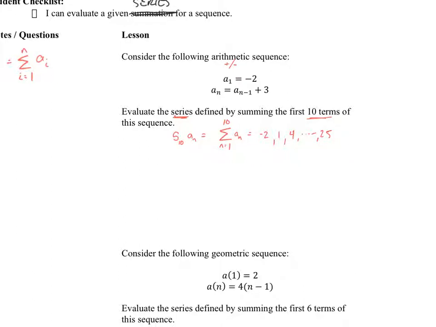And unless you've found a faster way, the only way for me to get up to this 25 is to have done the previous number plus 3, plus 3, plus 3, 10 times. All right, so I'm going to add all these things together.